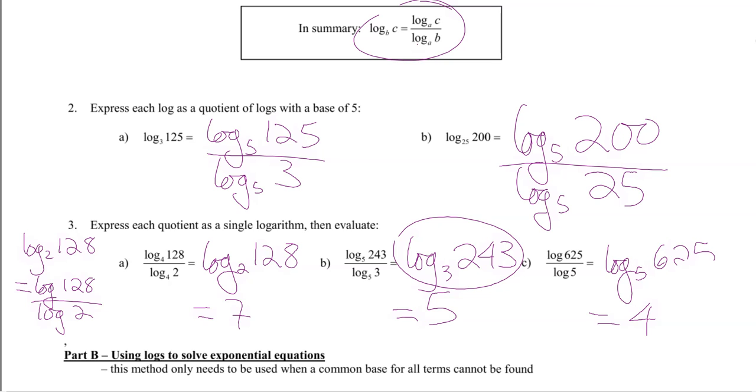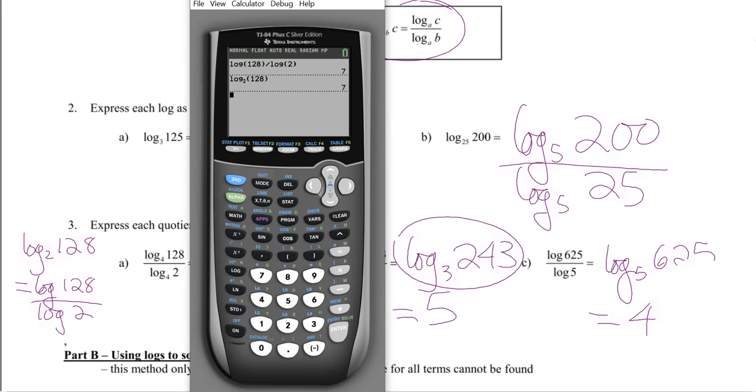So if we wanted to work out this, log base 5 of 243, you could go alpha F2 log base. So log base 5 of 243. Be careful when you're doing that. Log base 5 of 243, go.